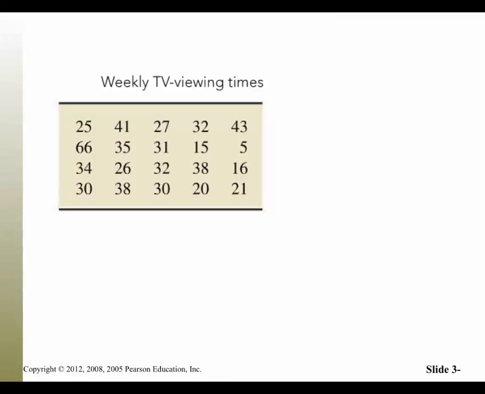Okay, so for this set of data, let's find the median, or the second quartile, the first quartile, the third quartile, the max, the min, and write out the 5-number summary. Okay?